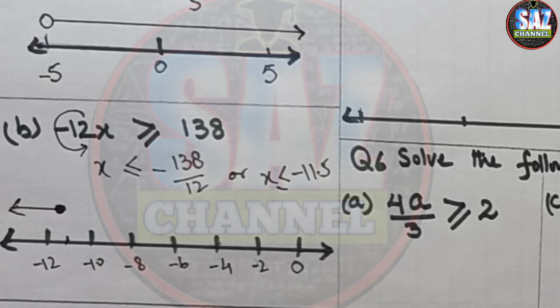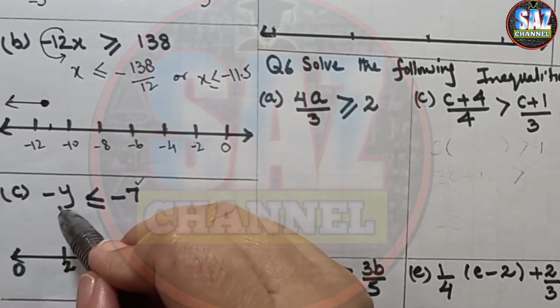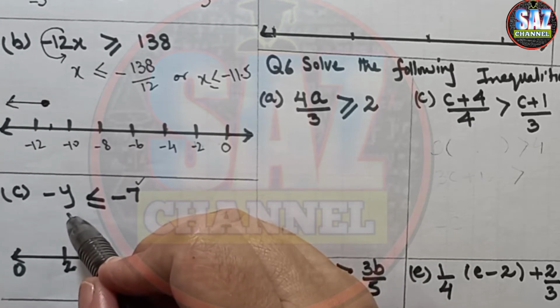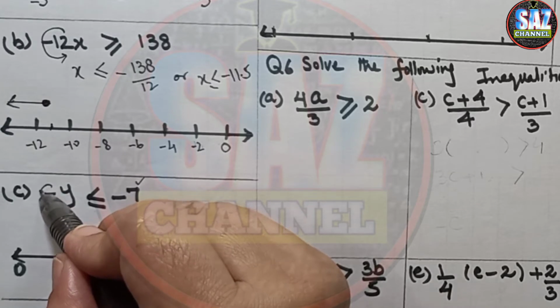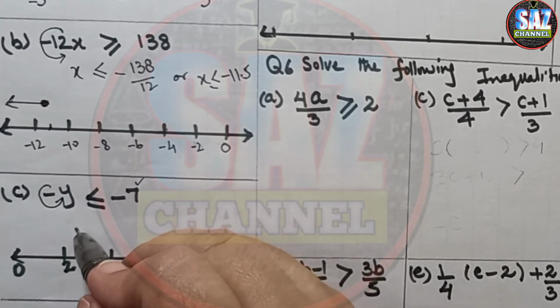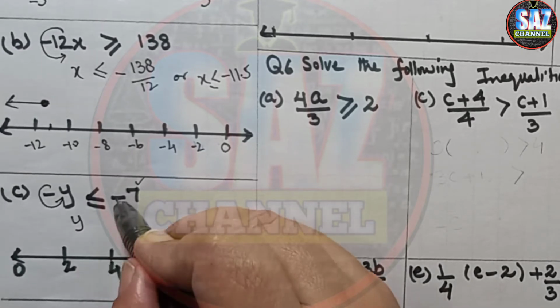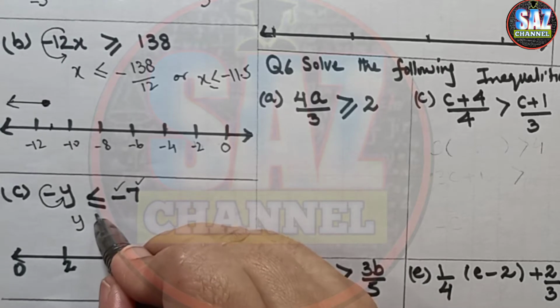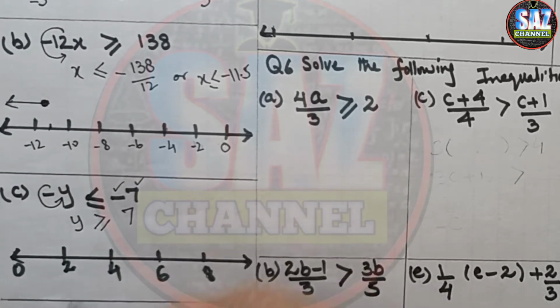Moving to the next part, minus y is less than or equal to minus 7. In order to solve this inequality, I have to make the coefficient of y positive, which means I have to multiply both sides of inequality by minus sign. And when I multiply both sides of inequality by minus sign, here we already have minus 7. So the inequality will take the form y greater than or equal to 7.